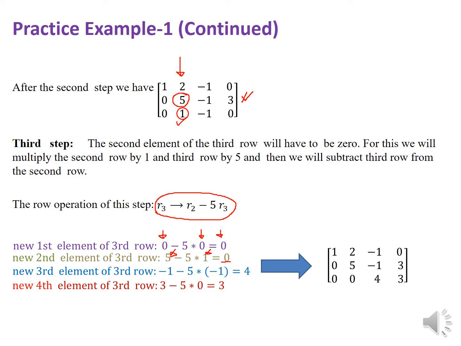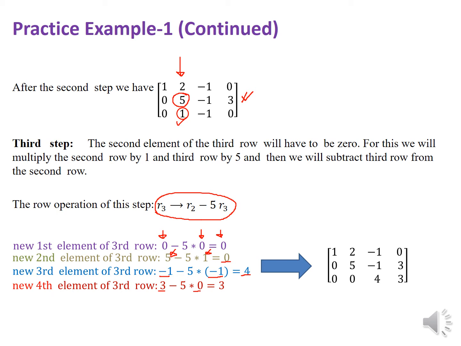The new third element of third row will be the third element of second row, which is negative 1, minus 5 into the third element of third row, which is negative 1. So in total we will get negative 1 plus 5, which is plus 4. The new fourth element of third row will be the fourth element of second row, which is 3, minus 5 into the fourth element of third row, which is 0.